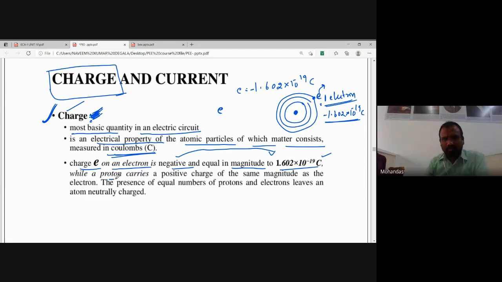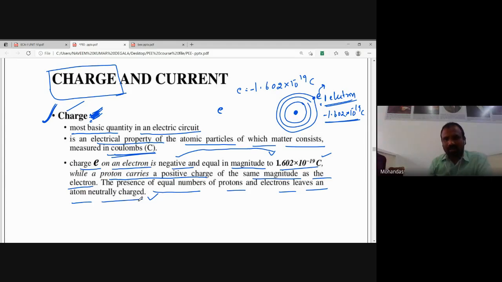And you know, a proton carries a positive charge of the same magnitude as an electron. The magnitude of the proton is also the same as that. One proton is having this much charge, but it is a positive value. The presence of an equal number of protons and electrons leaves an atom neutrally charged.